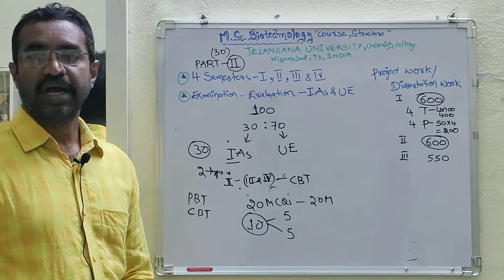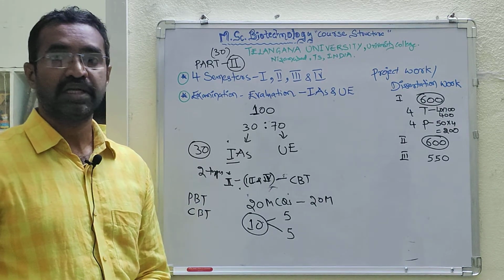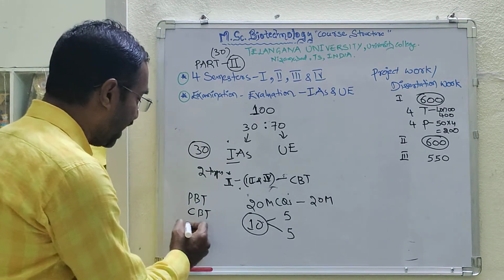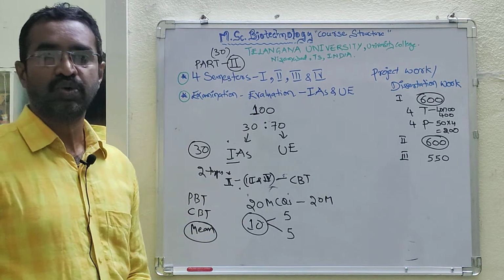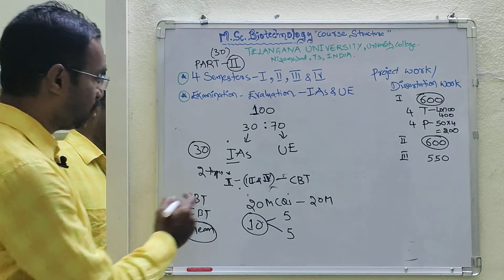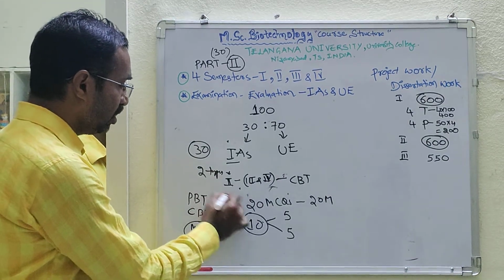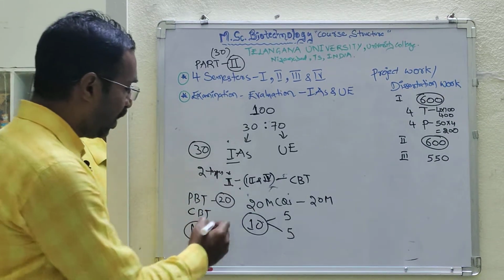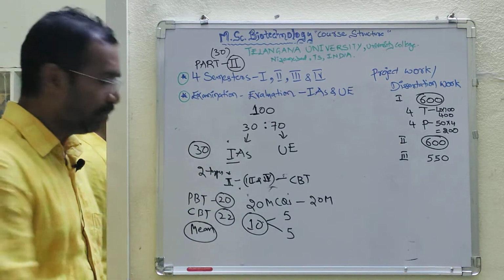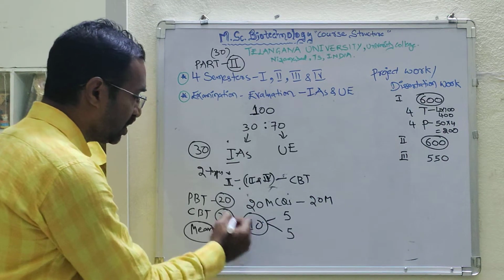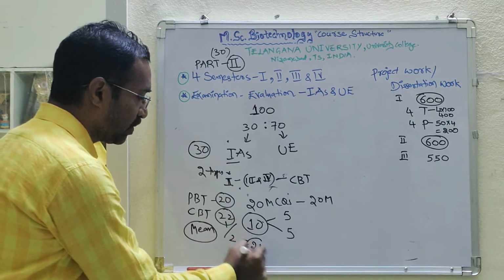Attending these two internals is very, very important, because we are going to take the mean average of these two. For example, if a student gets 20 marks in the first internal and 22 marks in the second internal, obviously we take the mean, so 42 by 2 is equal to 21 marks.